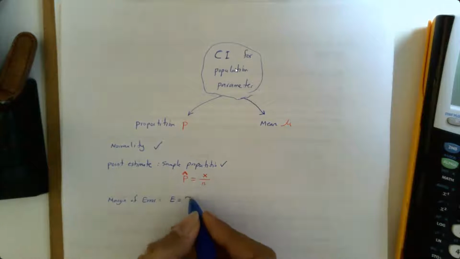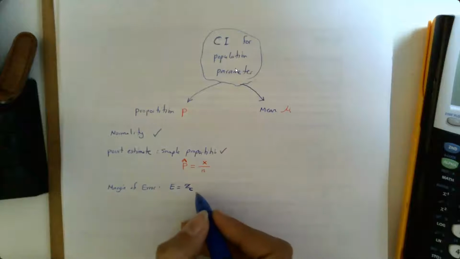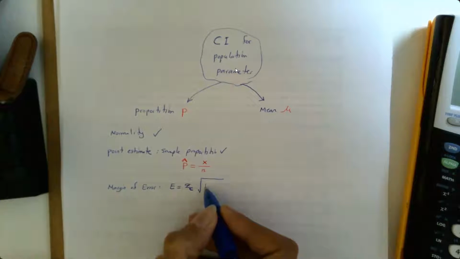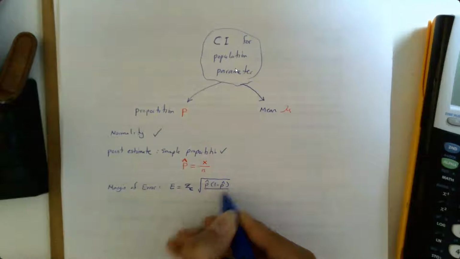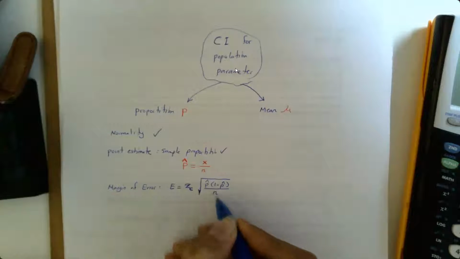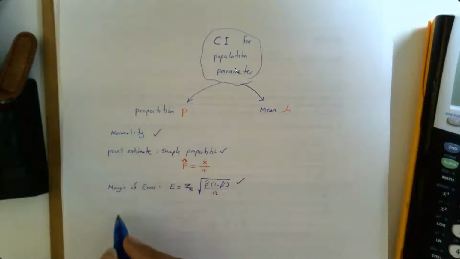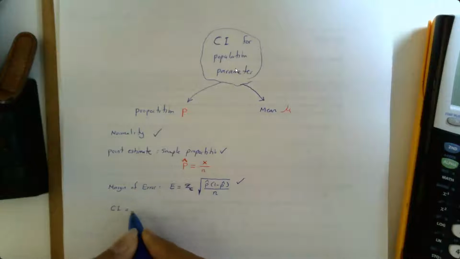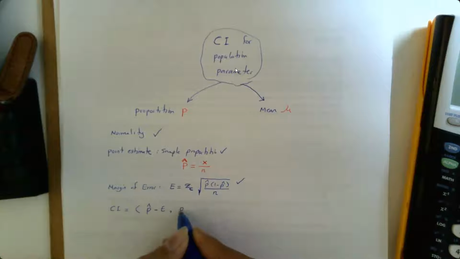Otherwise, in general, we denote it by Z sub C, and we call it the critical value, times square root of P hat times 1 minus P hat divided by N. After finding the margin of error, we're allowed to form the confidence interval. So the confidence interval is equal to P hat minus E, comma, P hat plus E.